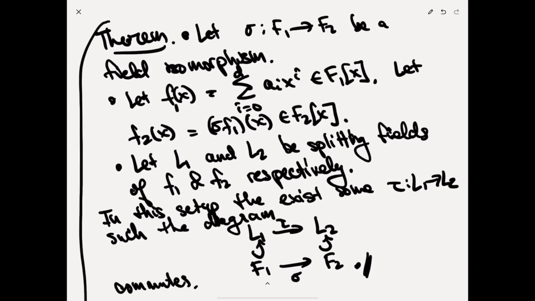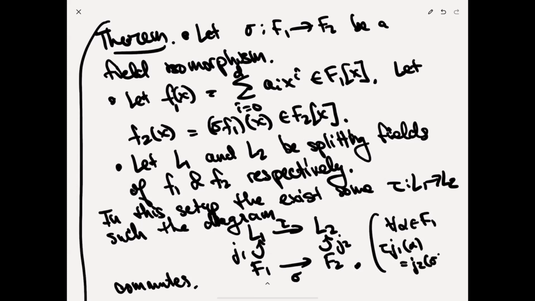Okay, so this is a theorem. What does it mean for the diagram to commute? It means that, let's call these J1 and J2, for all alpha in F1, J1 of tau of alpha is equal to J2 of sigma of alpha.